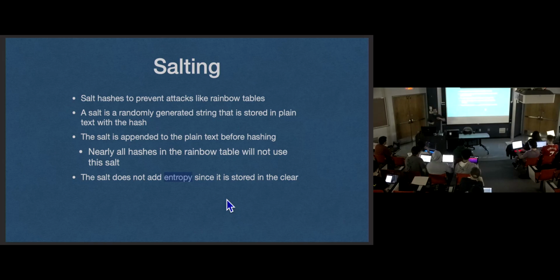Before, as I mentioned briefly last time, they attack a database, they have all these hashes, they take a guess, and they take the hash of that guess and look up, does this hash match any of these passwords? They can't do that anymore. They have to pick one specific user to attack at a time, and then attack that specific user with their specific salt.